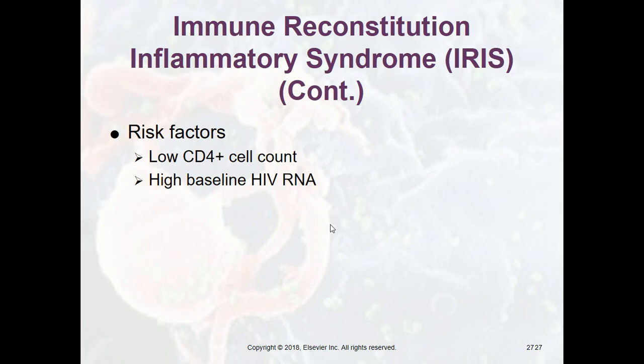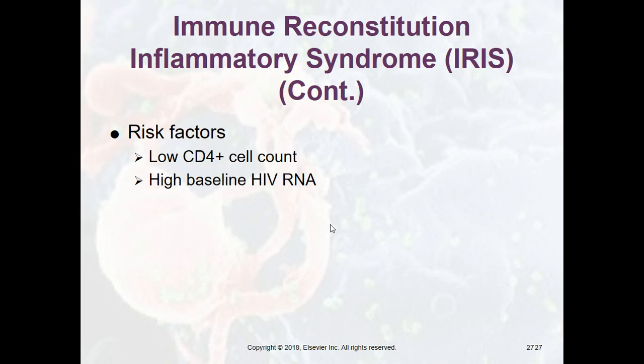So there are risk factors associated with a patient developing IRIS, and some of those risk factors are a low CD4 cell count and a high baseline HIV RNA. So you have a low immune system CD4 cell count, but you have a high viral load.